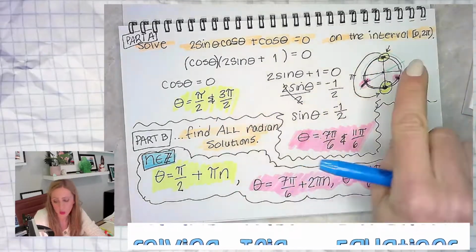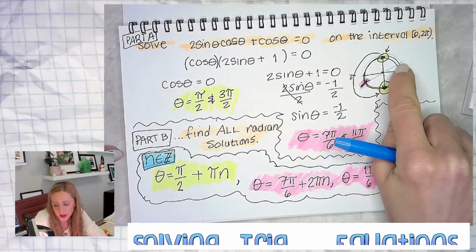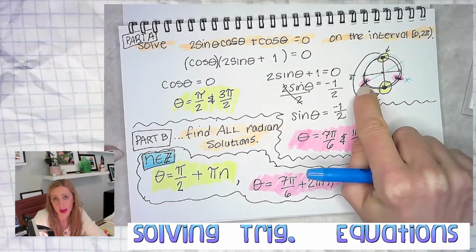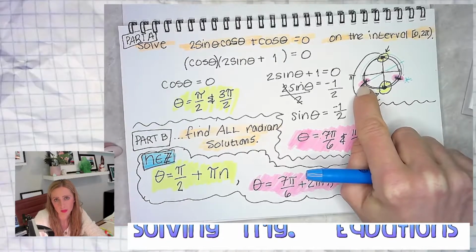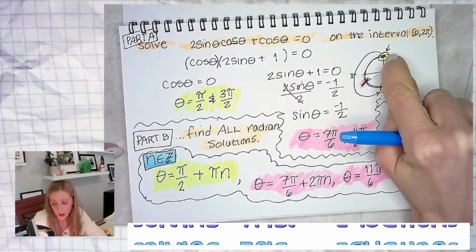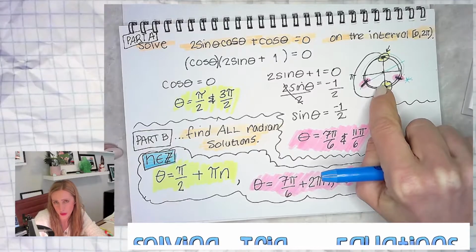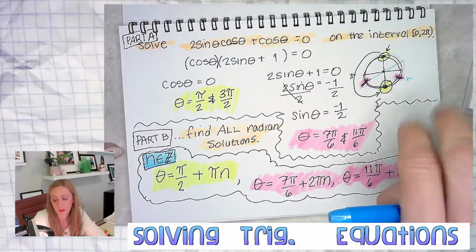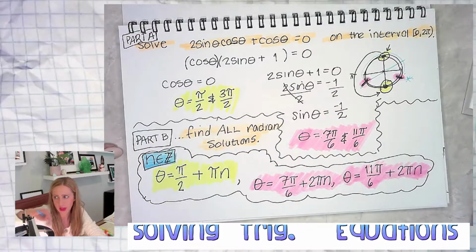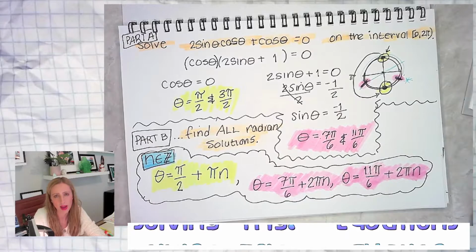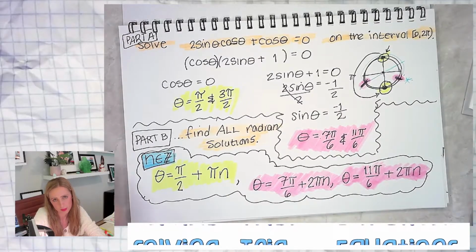So if your answers were pi over 6 and 7 pi over 6, then you can use pi n. Okay. If it was pi over 4 and 5 pi over 4, pi over 3 and 4 pi over 3, as long as they're always across from each other, that means they're pi on the left and pi on the right of the circle, like both parts, then you could do plus pi n and make one equation.